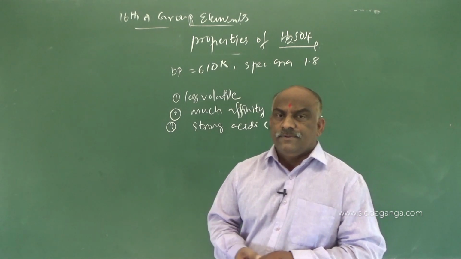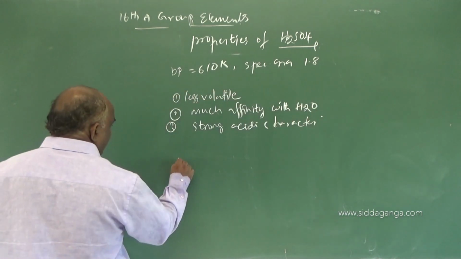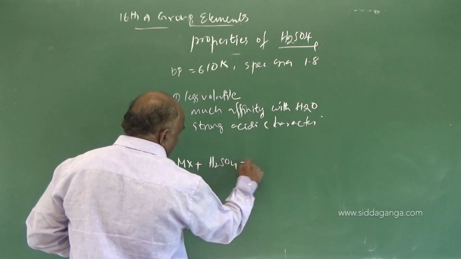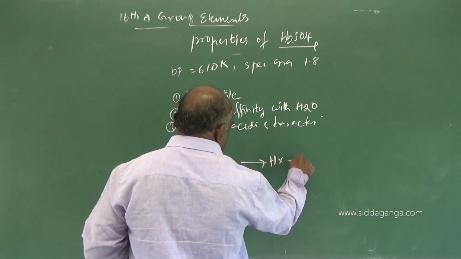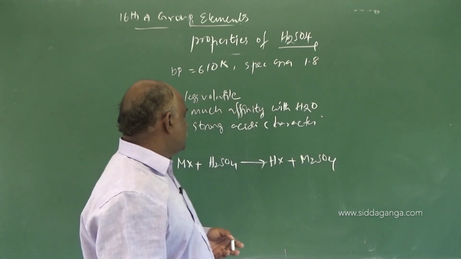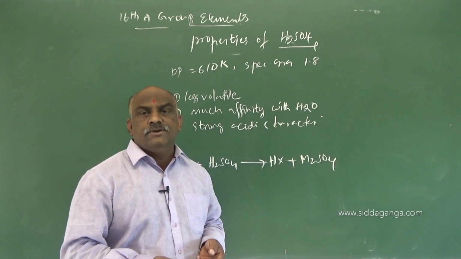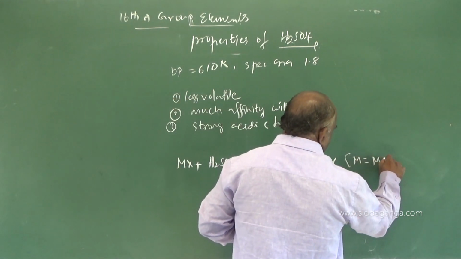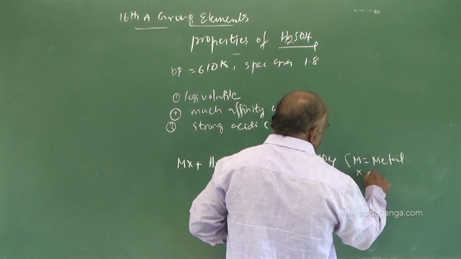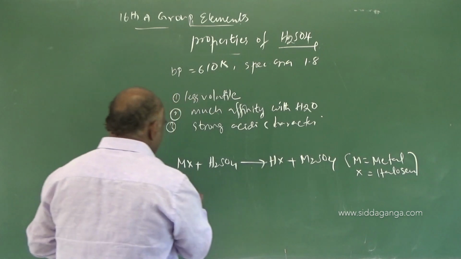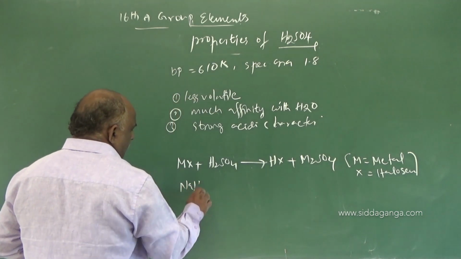Suppose MX is there: MX plus H2SO4 gives rise to HX plus M2SO4. What is M in this reaction? M is called a metal, and X is called a halogen.